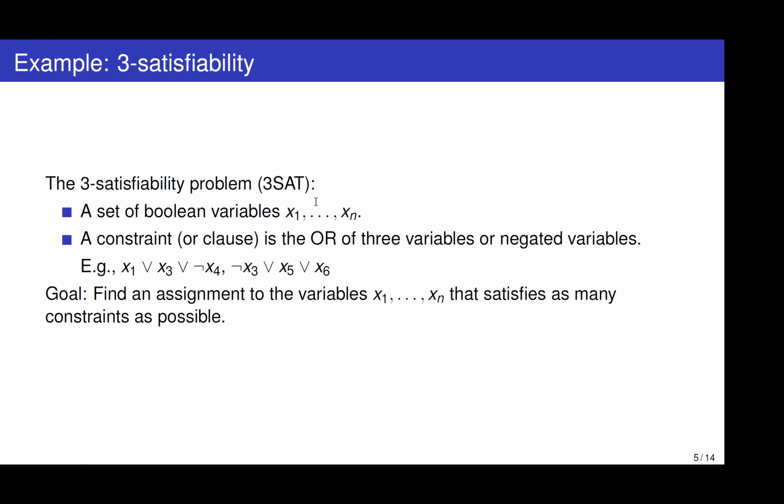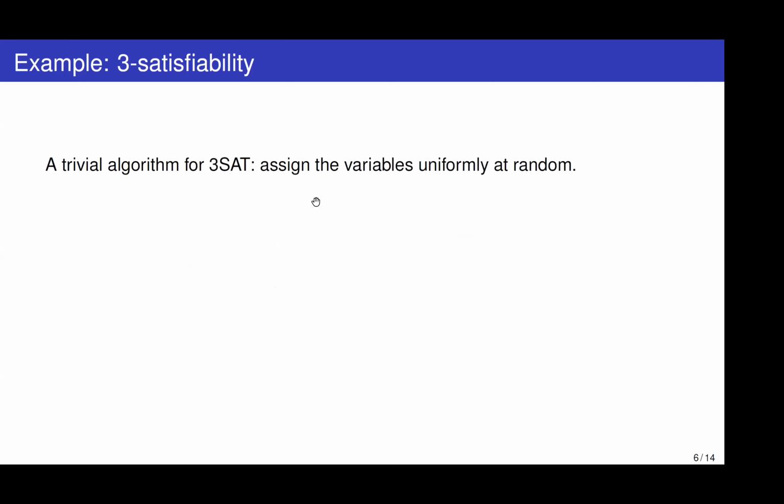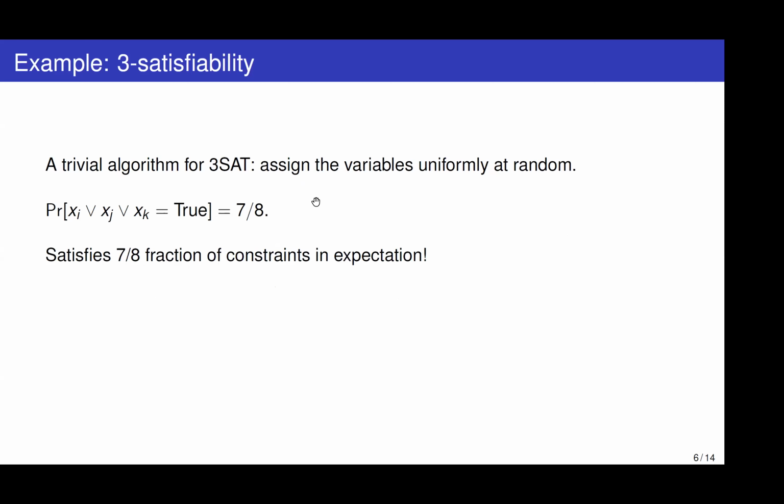And we have the same goal: find an assignment to the variables that satisfies as many constraints as possible. There's a trivial algorithm for 3SAT, which is to assign the variables uniformly at random. Under this algorithm, every constraint is satisfied with probability 7/8. So this algorithm, simple as it is, satisfies a 7/8 fraction of constraints in expectation.